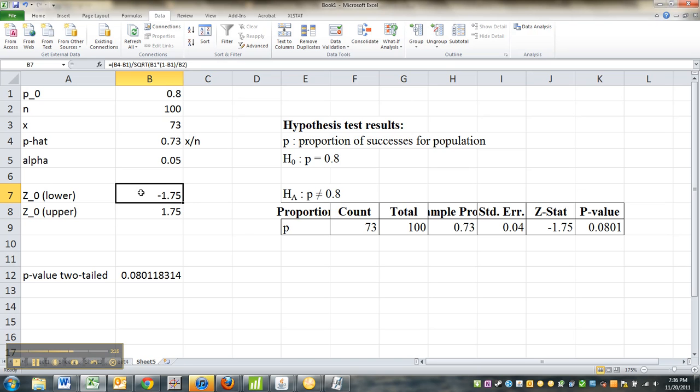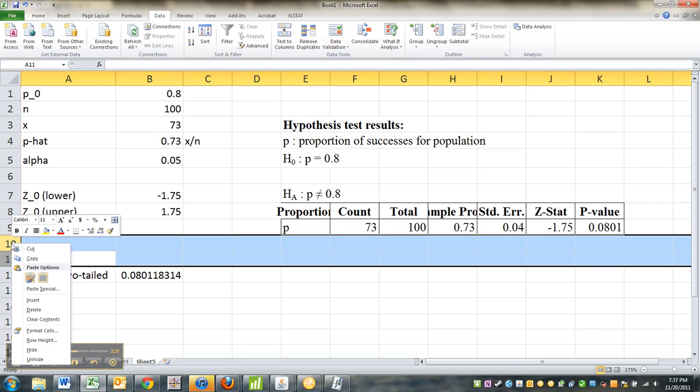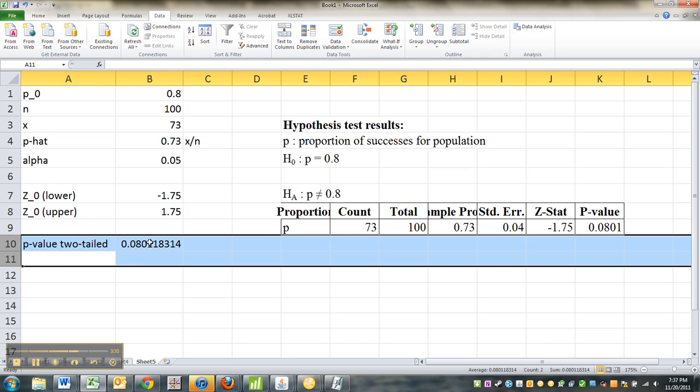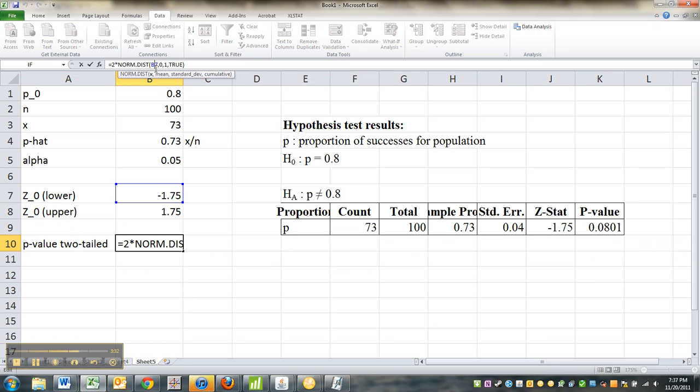Okay, so either way, this formula that we have is going to find either the positive or the negative one, depending on what your data is. Then you have to find the other one. And then to find the p-value, you'll always do 2 times, because it's two-tailed, right? So you do 2 times the norm dist of the lower one, whichever one the lower one is. So you might have to do some finagling here to find the lower one.